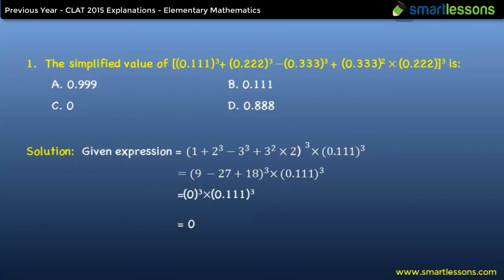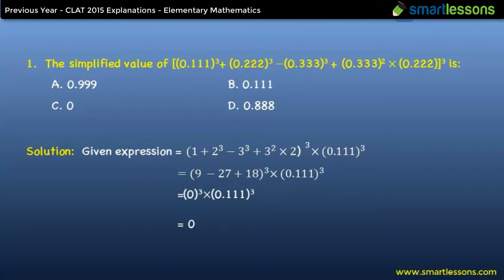So it is always advised not to follow the traditional method to simplify the sum. Every time you can find some special techniques by which you can easily simplify the given expression. And here you can see all the terms involved in that expression have one factor common. What is that common factor?